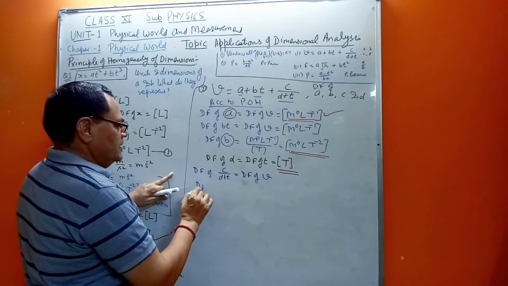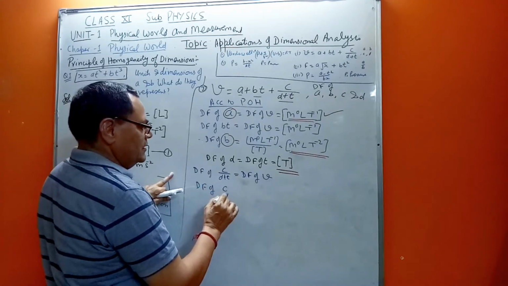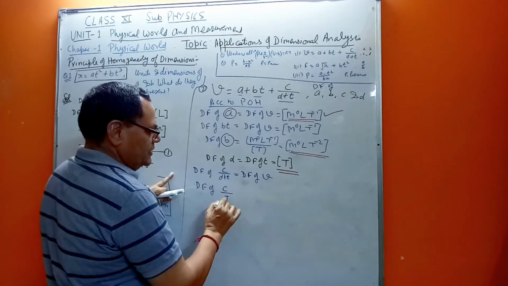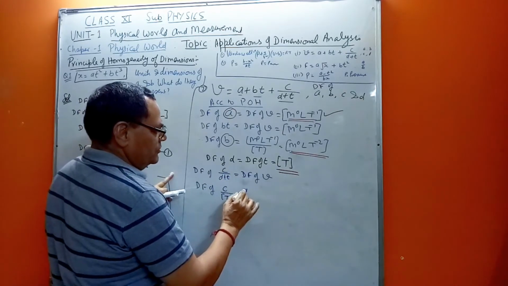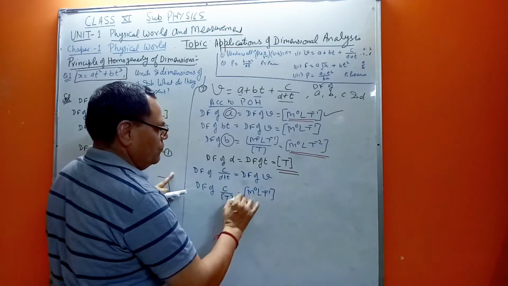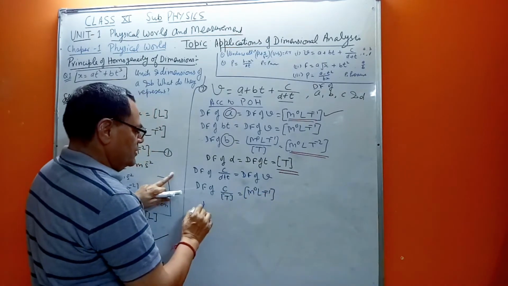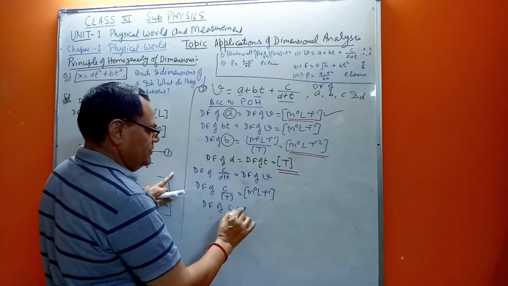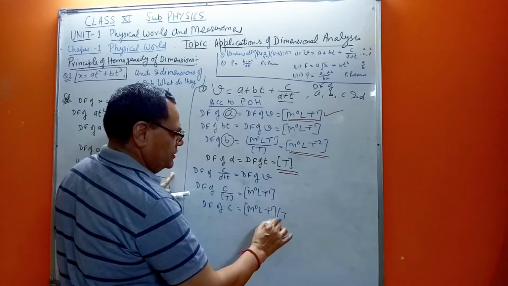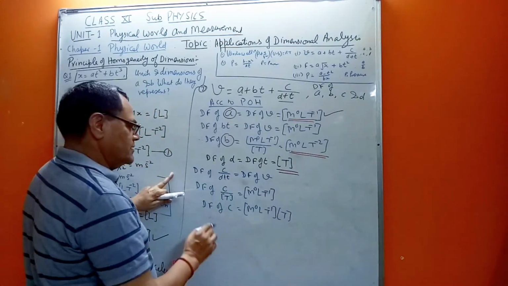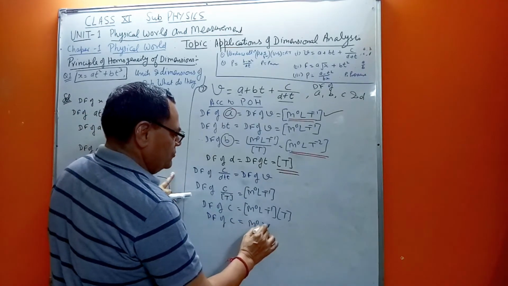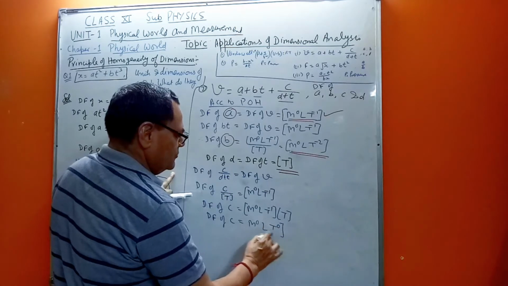Since the denominator has the dimension of T only, the dimensional formula of c upon T will be equal to M^0 L T^-1. So the dimensional formula of c will be M^0 L T^-1 into T. This T gets cancelled. So finally the dimensional formula of c will be M^0 L T^0.